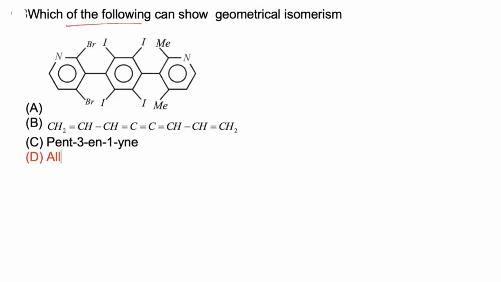Which of the following compounds can show geometrical isomerism? If we consider the first example, in this example both nitrogen atoms are present in the same direction. We can draw another structure in which both nitrogen atoms have a different arrangement in space, a different distance between them, so we can draw its geometrical isomer.